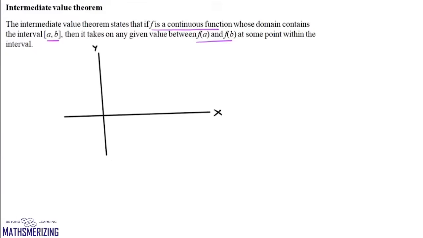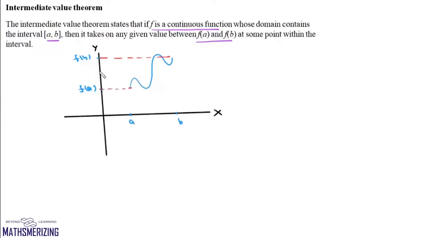and then we have 2 points, say a and b, and then suppose this is f(a) and this point is f(b). Now graph of this function will start at a and then it'll take any form and finally it ends at b. Now it doesn't matter which shape it takes, but as long as this function is continuous, it will take all the values between f(b) and f(a).